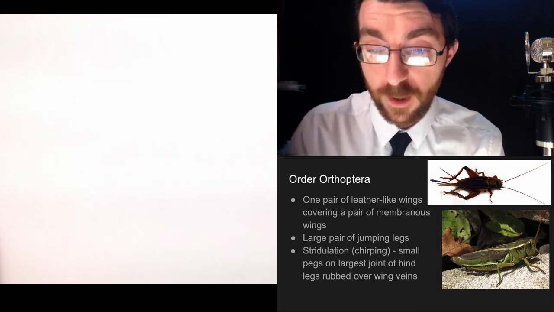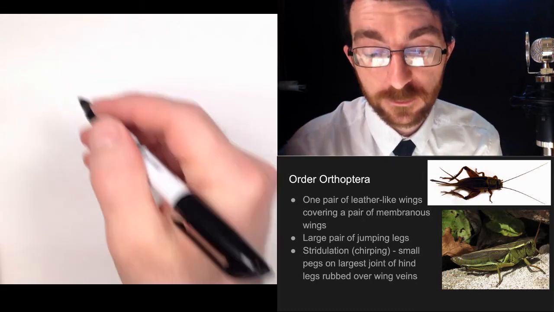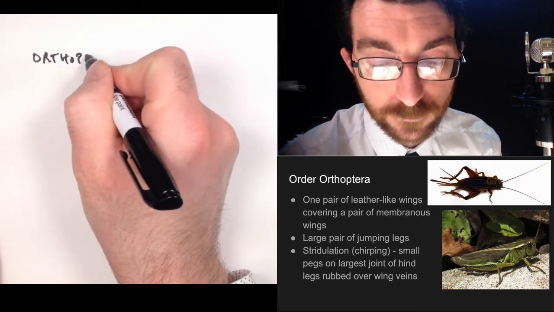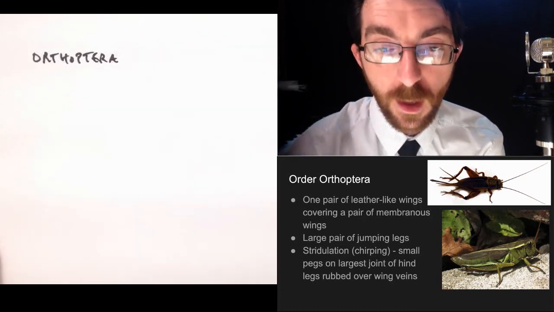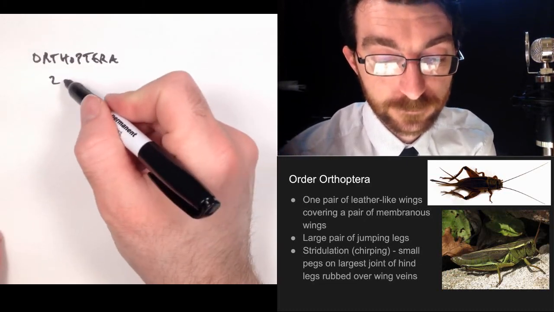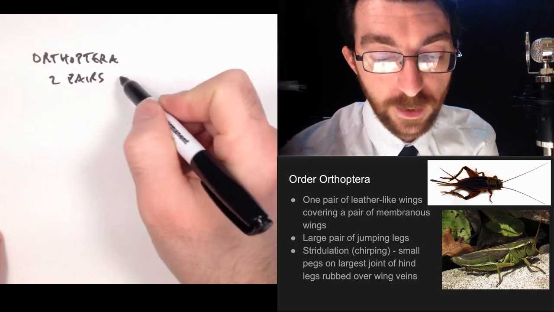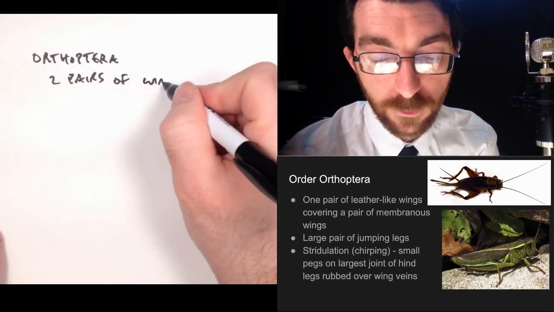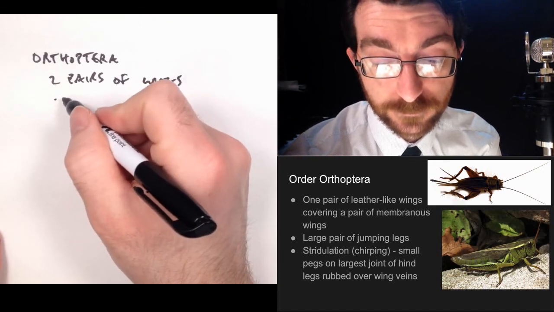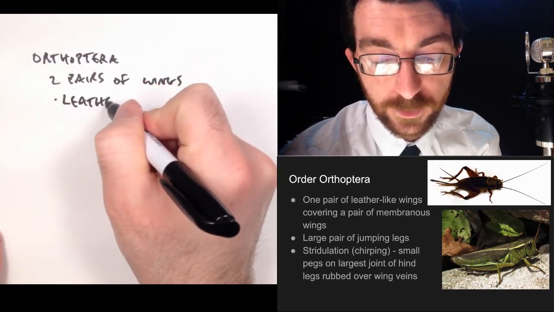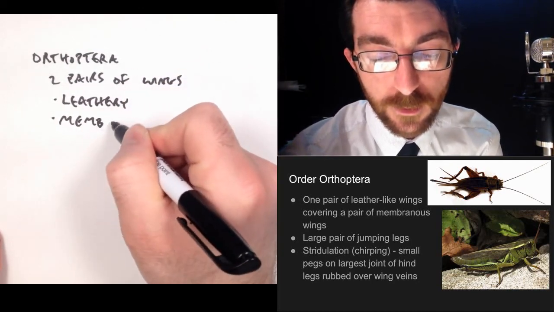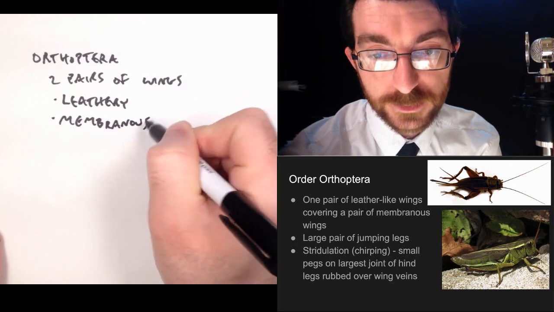So Orthoptera, they have two pairs of wings. One of them is leather-like and the other is membranous. Two pairs of wings. One of them is leathery, and one of them is membranous.